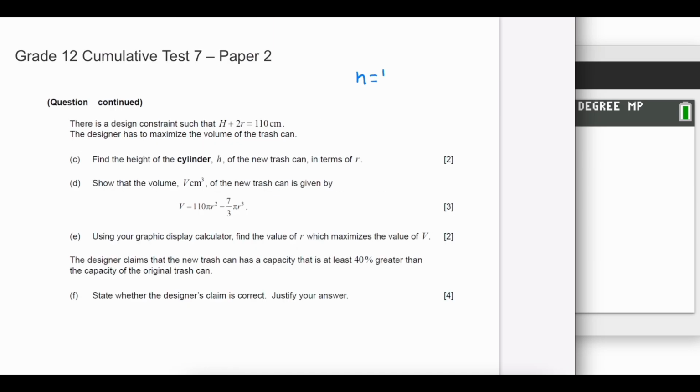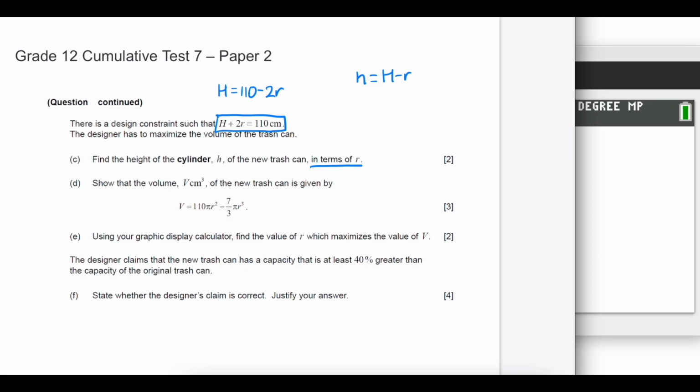So h is equal to capital H minus r. But the question says it should be in terms of r, so I need to get rid of the capital H. But they gave me this earlier, which means I can use it to replace the capital H and put it in terms of r. If I take this part here and rearrange it, capital H is equal to 110 minus 2r. All I've done is subtract 2r from both sides.